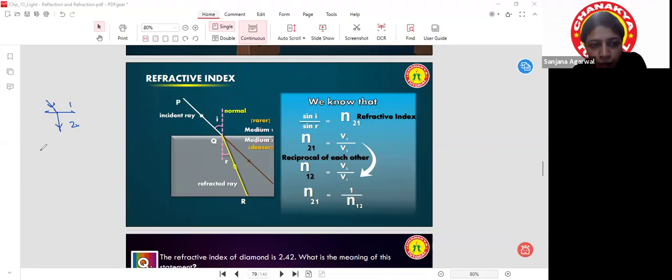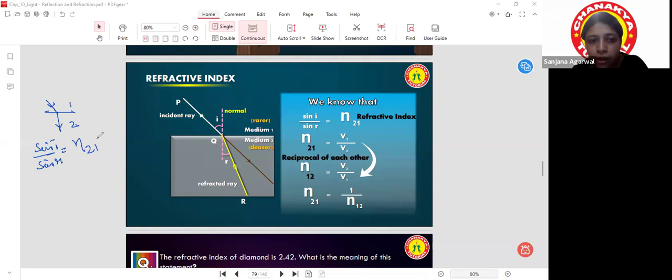Whenever you write sine I by sine R, this will give you the refractive index of medium 2 with respect to 1. So every time you use the formula sine of angle of incidence to sine of angle of refraction, you will not be getting the refractive index of the first medium with respect to the second. No, you will be getting the refractive index of the second medium with respect to the first.